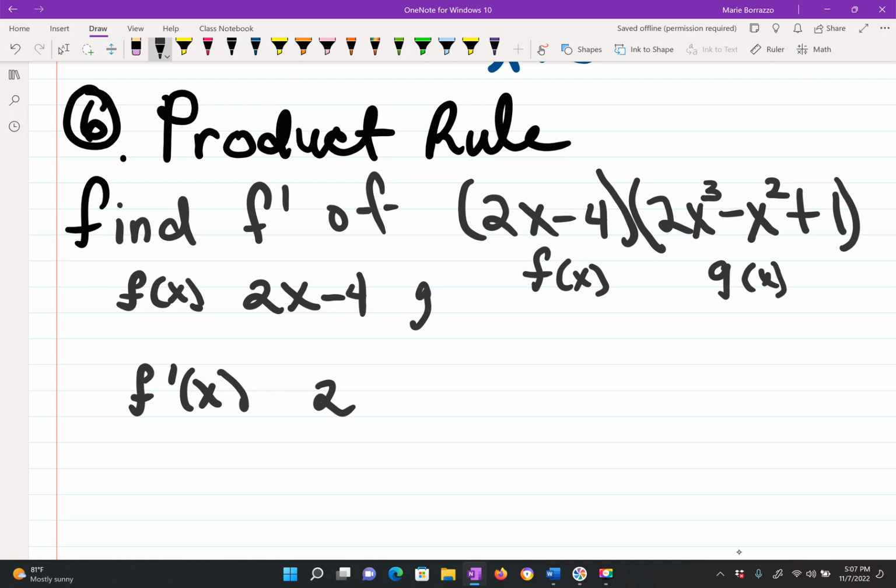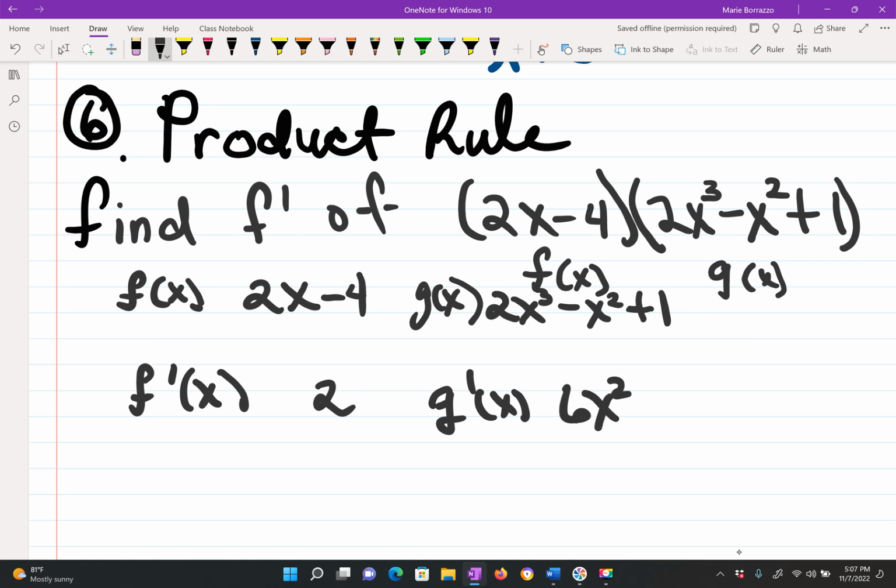Over here, I'm going to take g of x, or the original equation, which is 2x cubed minus x squared plus 1. And here, I'm going to take the derivative of that function, which is 6x squared minus 2x. You're then going to remember that we're going to multiply first this way, so that comes first.